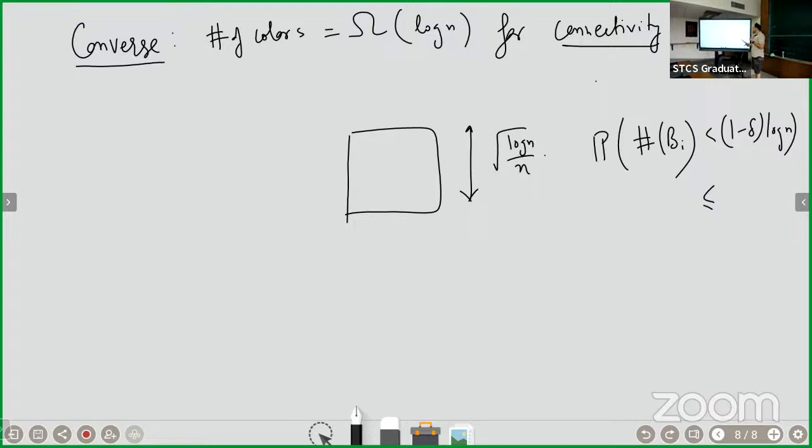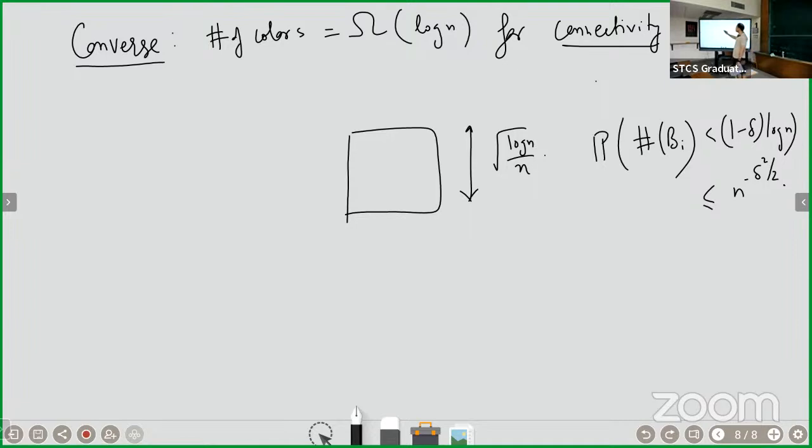On average it is log n, so the probability of deviating below 1 minus delta is n to the power minus delta squared. The exact form is not important. What is important is that it's highly unlikely that I'm going to find fewer than (1 minus delta) log n points.